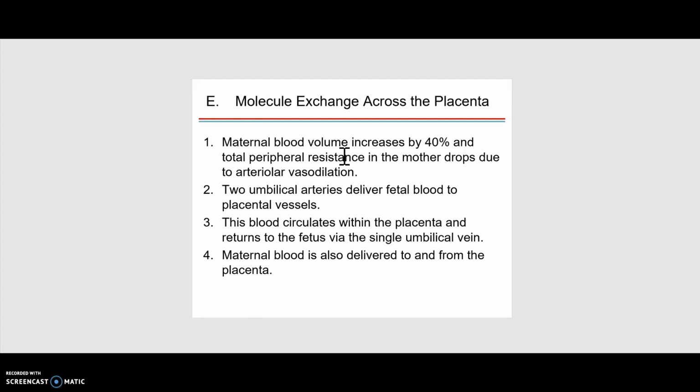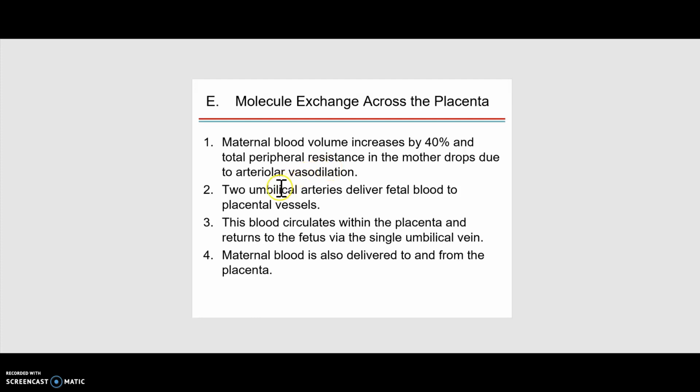Remember the MAP formula: mean arterial pressure equals cardiac output times systemic vascular resistance. With a bigger blood volume, cardiac output would go up, which would increase mean arterial pressure, but a drop in systemic vascular resistance, also called total peripheral resistance, would offset that. This drop in total peripheral resistance also would increase perfusion of the underside of the placenta from the mother's side.